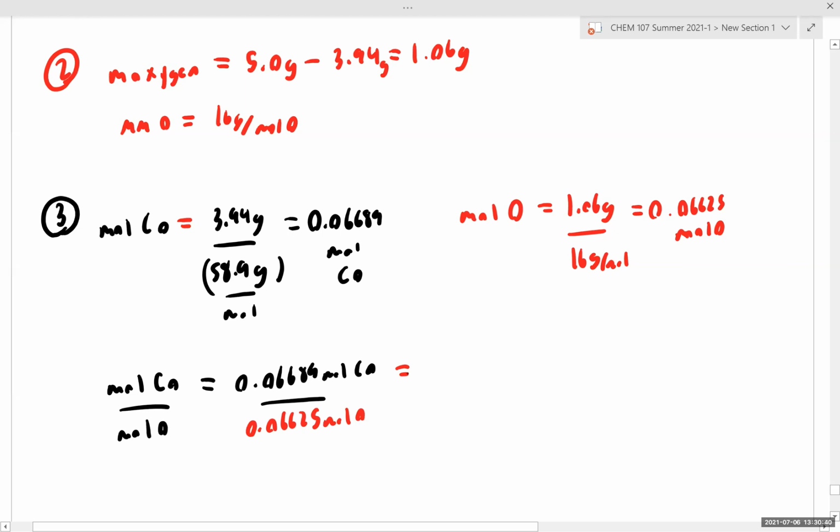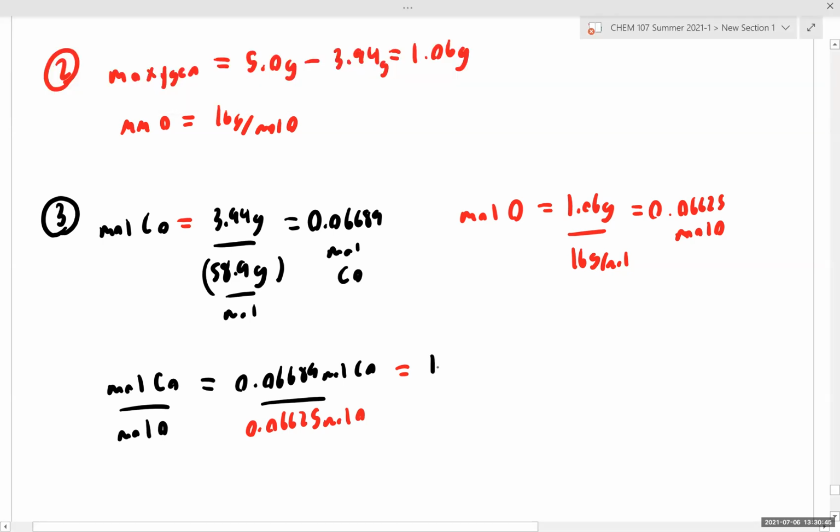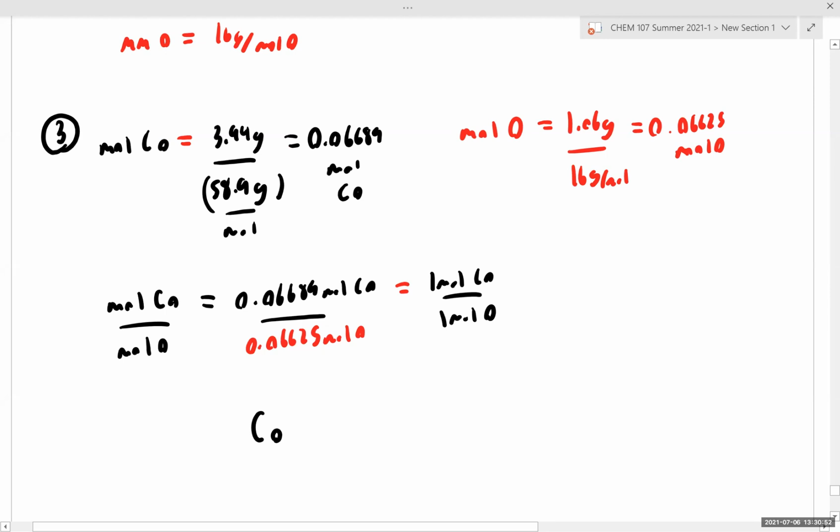And that gives us a 1-to-1 ratio where we have 1 mole of cobalt for every 1 mole of oxygen. So our ending formula would be CoO, cobalt oxide.